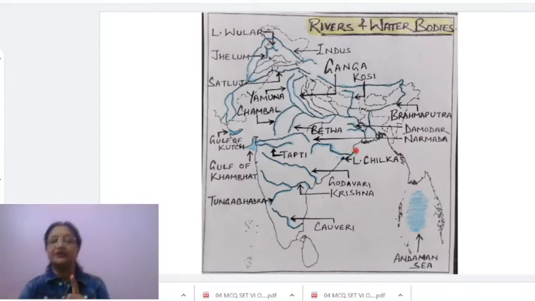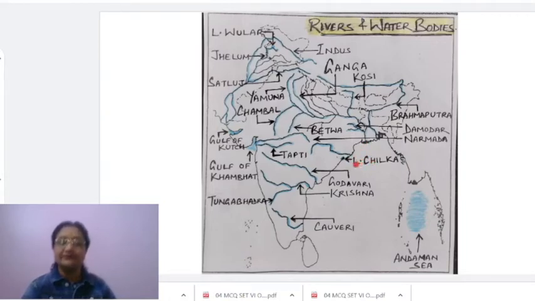Again, one thing I am telling you, whenever you mark the lake, it should not be marked out of the coastline towards the sea. Understood? Whenever you mark the blue dot, it should be inside the coastline. Have you understood why I am saying? Because just think of it, how a lake can be inside the sea or ocean.